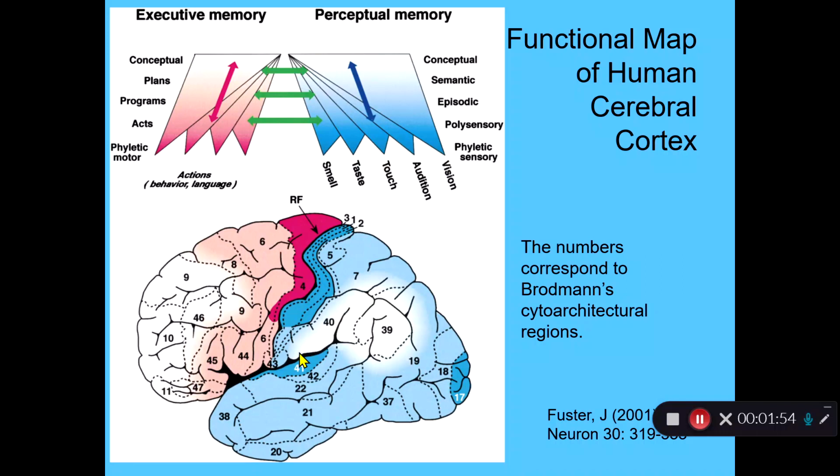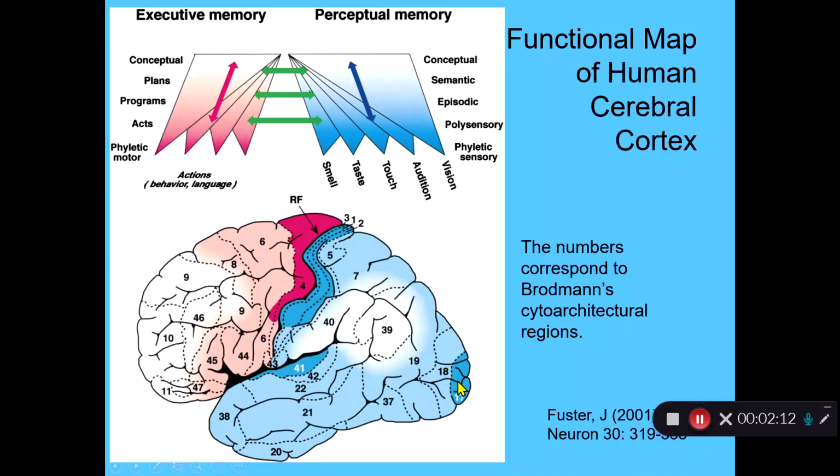Also, you notice that there are different shadings of blue and red. So the dark shades are what are known as primary cortex. Primary as in elemental. So the very back of the brain, the very back of the occipital cortex is the primary visual cortex.